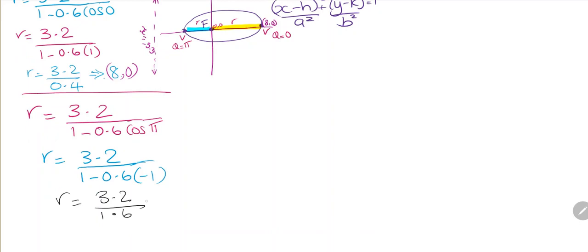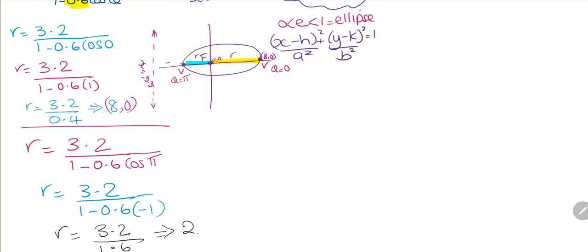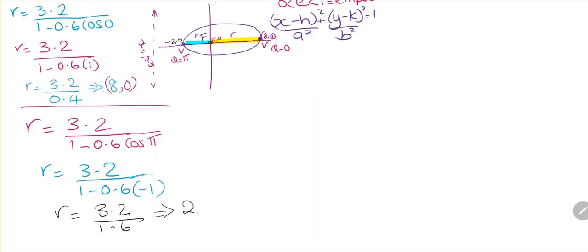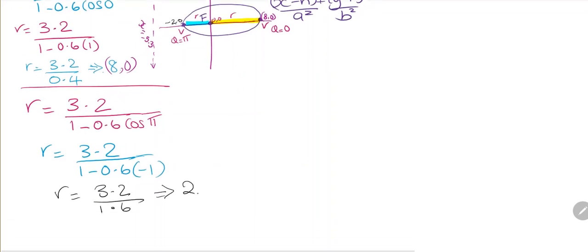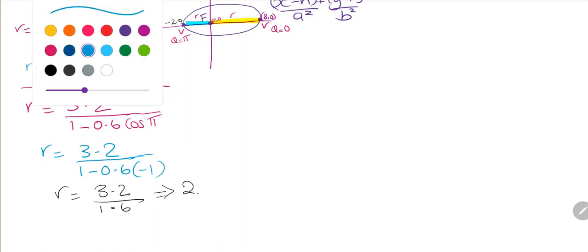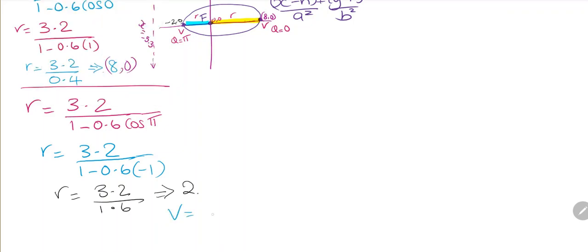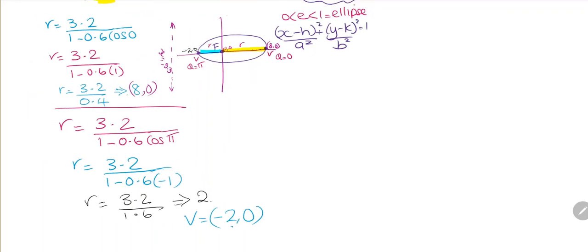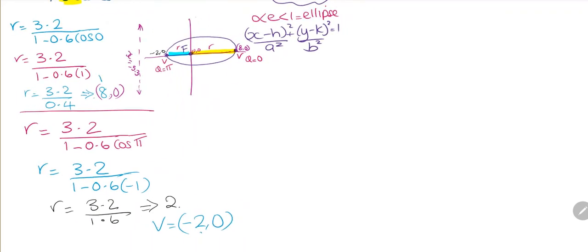So this will be 2. This length, the blue, is 2, so the coordinates of this other vertex are minus 2, 0. So we've got one vertex at 8, 0 and one at minus 2, 0.